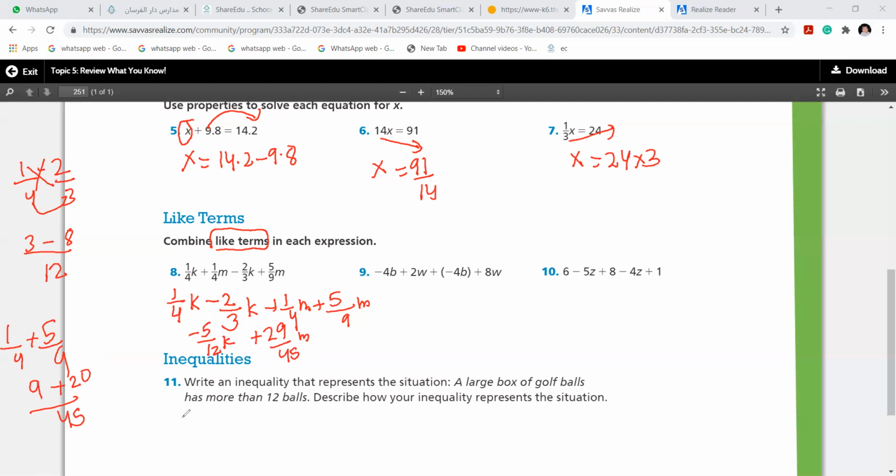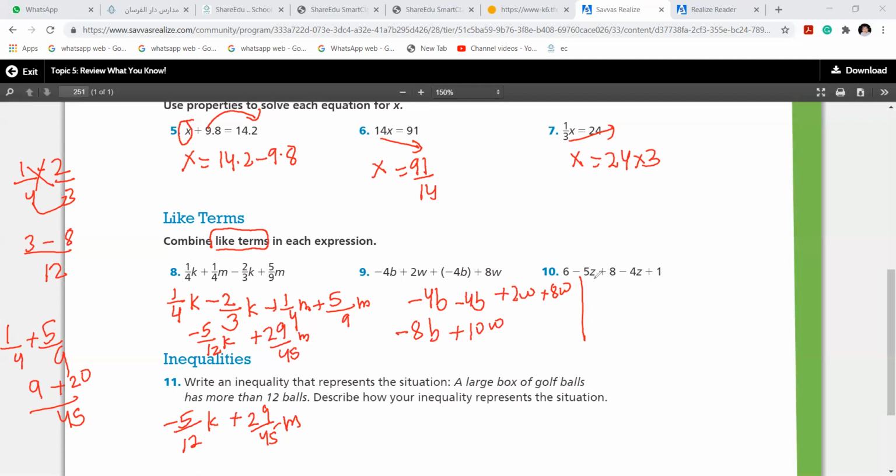The answer I'll write here, minus 5 over 12k plus 29 over 45m, and this is the answer of the first one. Next, minus 4b, and again you have minus 4b, same family, plus 2w plus 8w, minus 8b plus 10w. This is your answer.